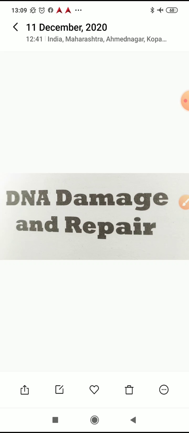So first, monoduct DNA damage. DNA damage takes place in a single nitrogenous base, that is monoduct. This produces a severe effect even on the organism.